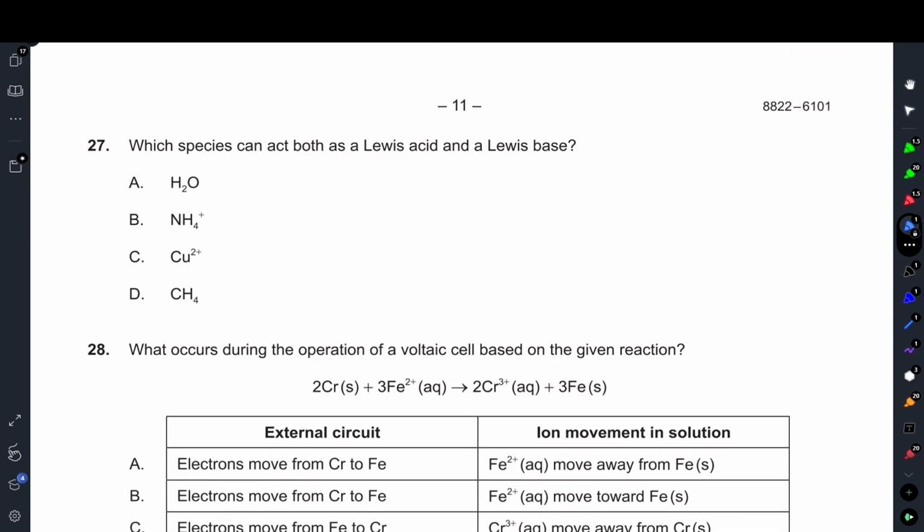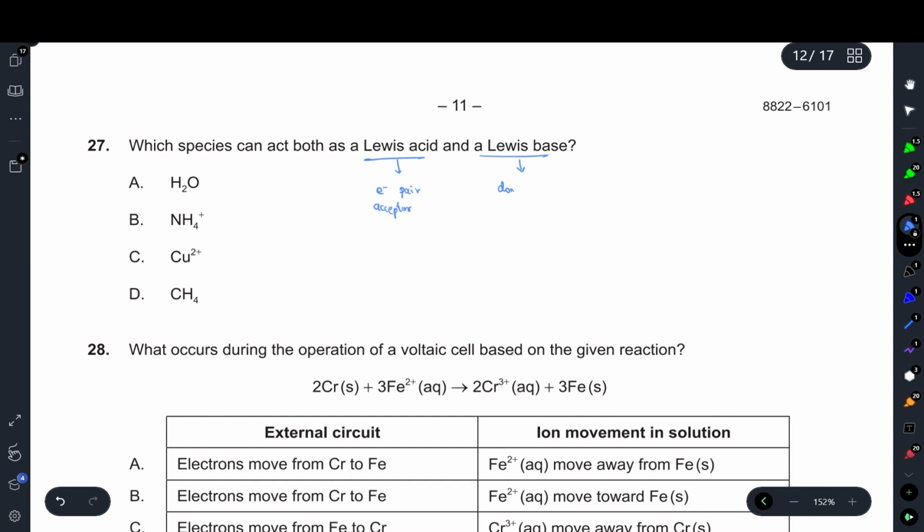Question number 27. Which species can act as both a Lewis acid and a Lewis base? So when you think about this, a Lewis acid is something that accepts a pair of electrons, and a Lewis base, which is a nucleophile, donates electrons. NH4 plus is only an acid, since it accepts electrons and it donates H plus.